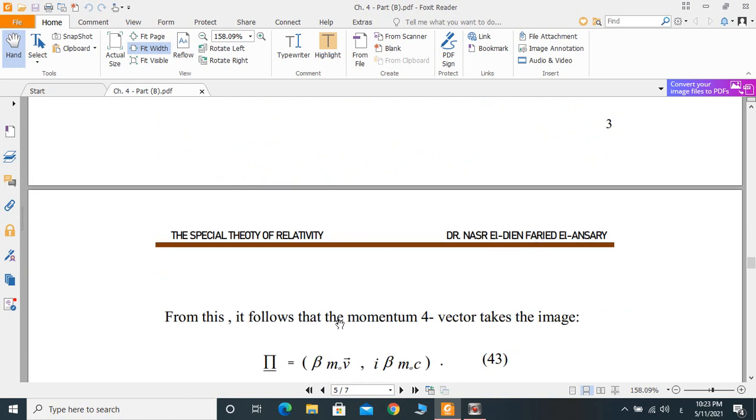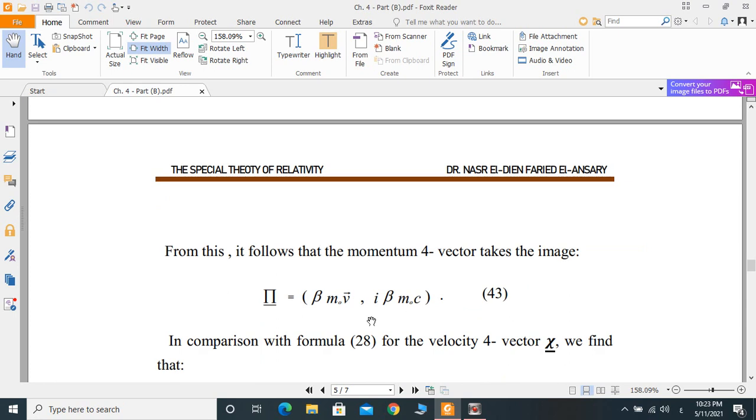From this it follows that the momentum four-vector takes the form B equals beta m naught V and i beta m naught c.